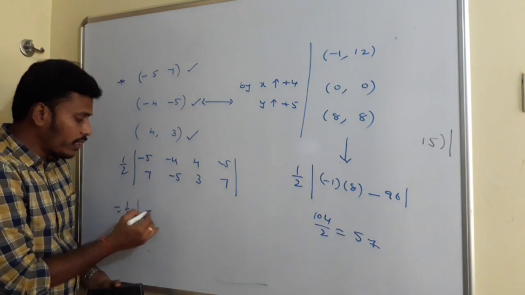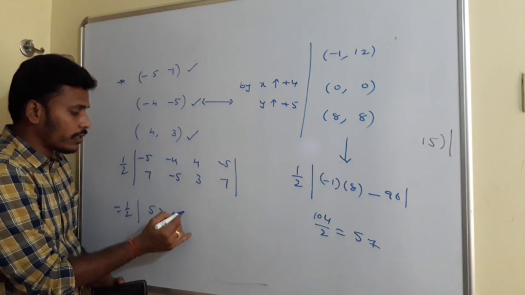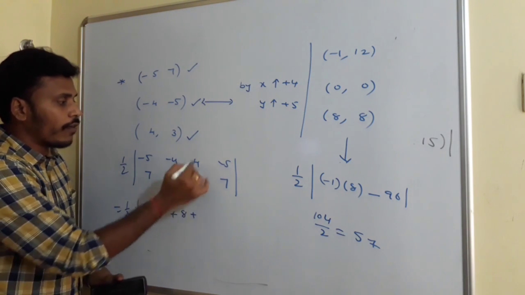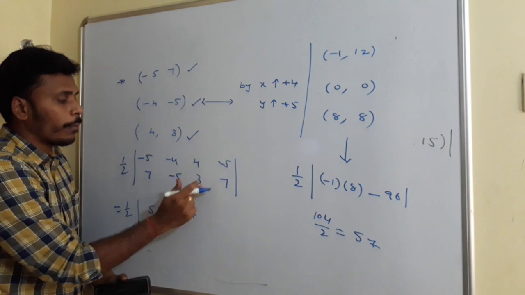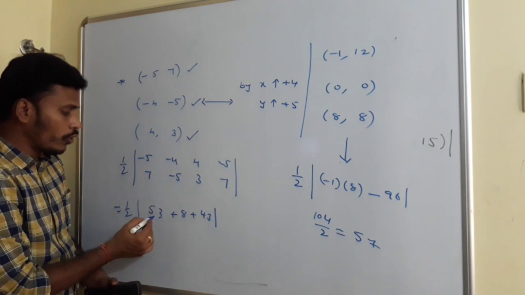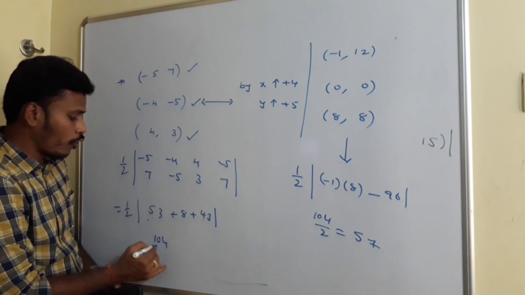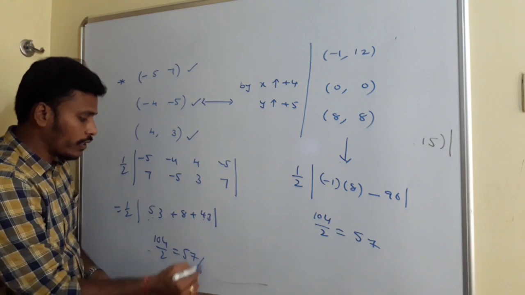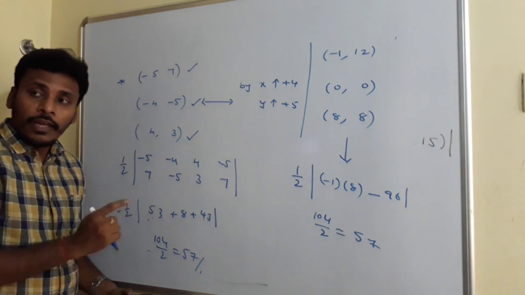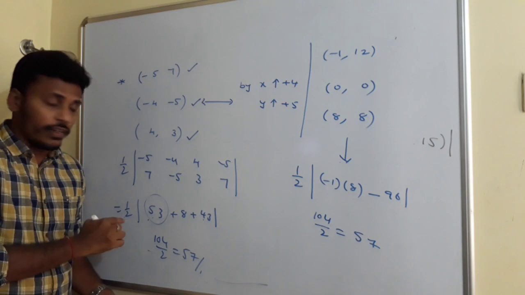Now if you find this area again, from this you get 53, from this somewhat 8, and from this 28 plus 15, which is 43. Now if you simplify, 96 plus 8 is again 104 by 2, and that equals 57. Guys, you just observe it. Previously I wrote it as 43, but it is actually 53, right?